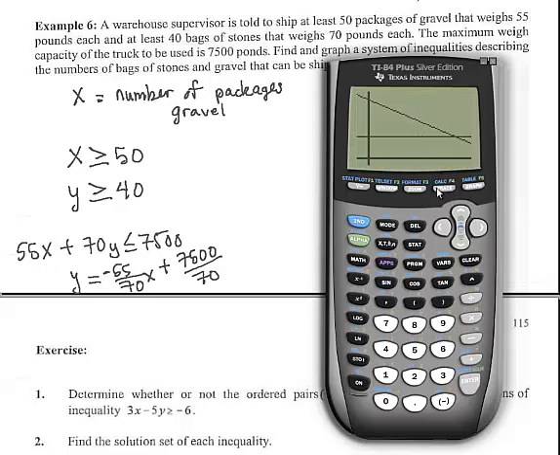Okay, we'll trace around. I'll just hit the arrow pad and we'll explore our graph. Okay, this is where x is greater than 50. Anywhere to the right we have x greater than 50, and then for y greater than 40 we have this horizontal line here.